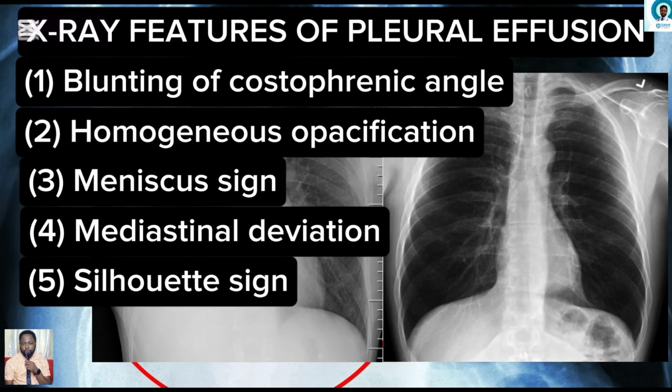This refers to the loss of soft tissue borders of the heart and the diaphragm as a result of fluid collection. Remember that fluid has a similar density as soft tissue. Therefore, fluid collection leads to opacification, which obscures the borders of the heart and the diaphragm on the chest X-ray.